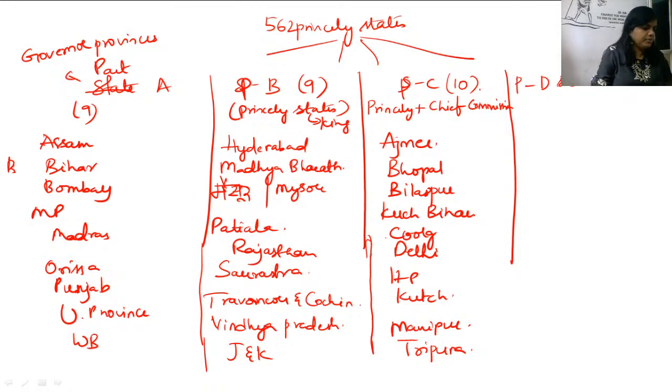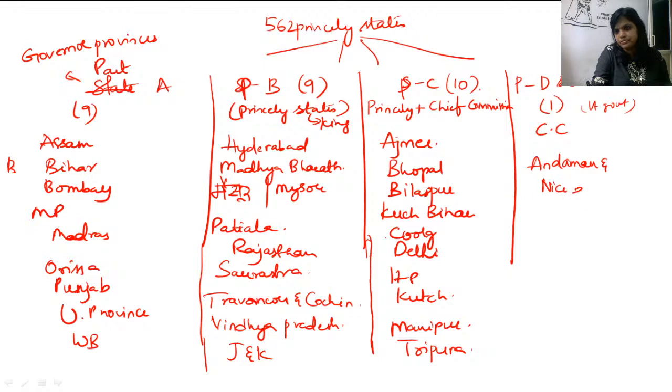Okay, Tripura. And Part D, we do have only one state, which is again under the control of the chief commissioner. More like a lieutenant governor. And the only one state which was under Part D was the Andaman and Nicobar Islands.